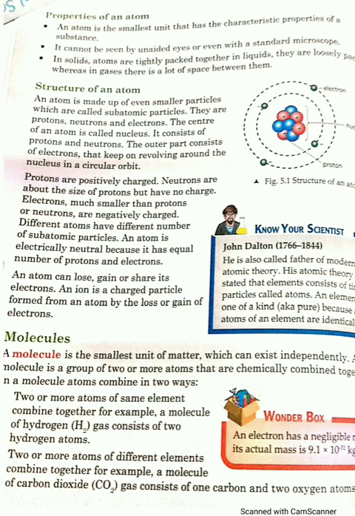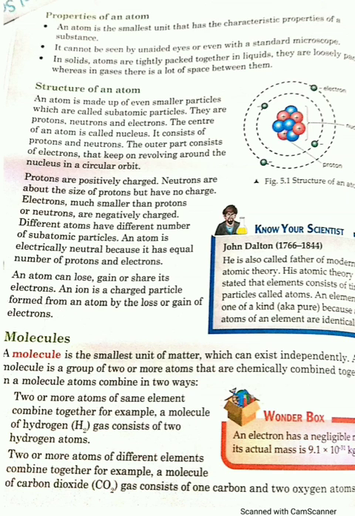And if we talk about the states, I have told you before that we have three states of matter: solid, liquid, and gas. In solids, atoms are tightly packed. In liquids, they are loosely packed, whereas in gases they have a lot of space between them.